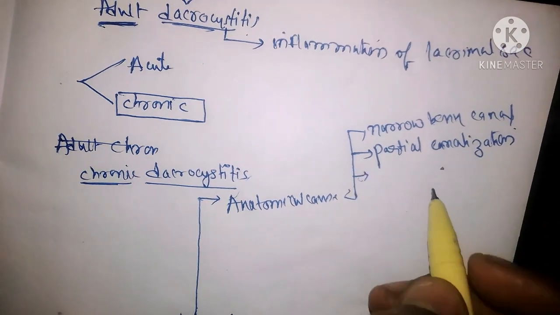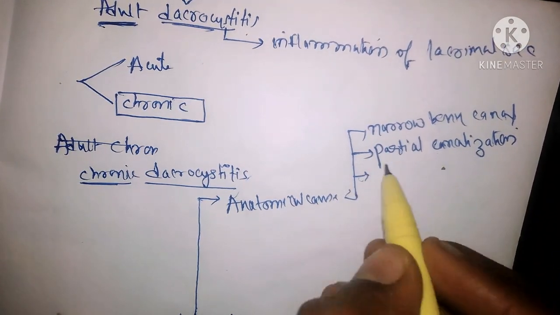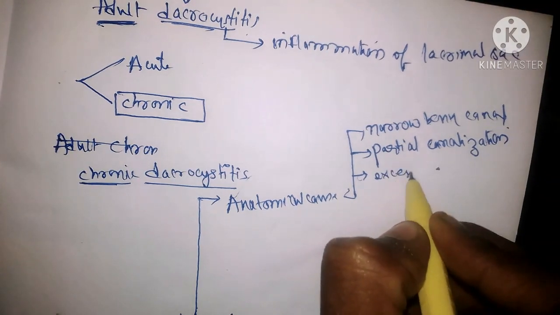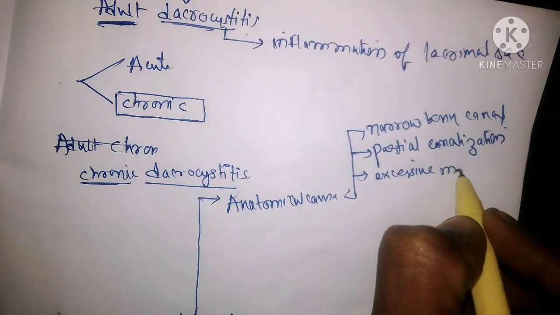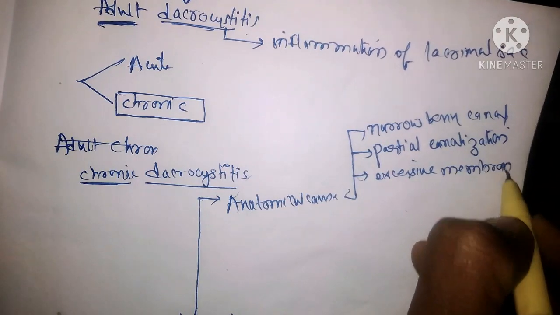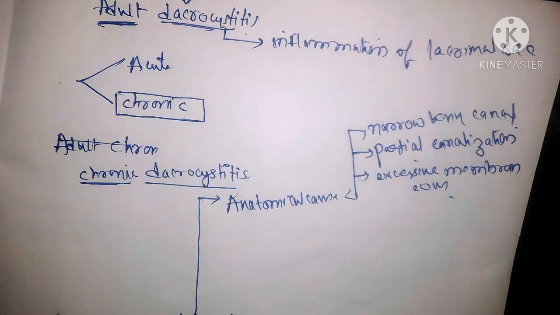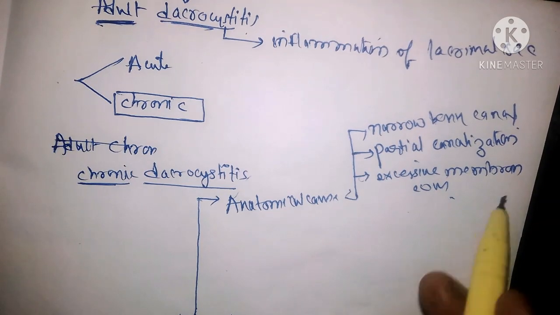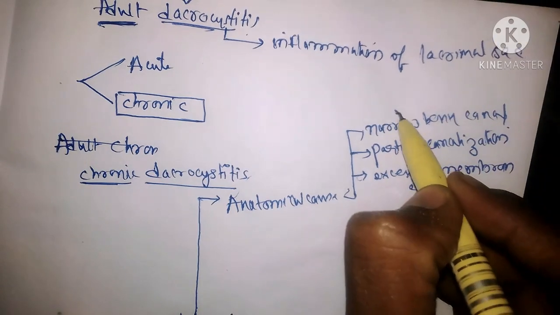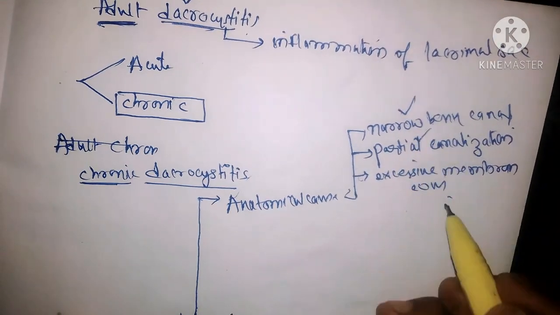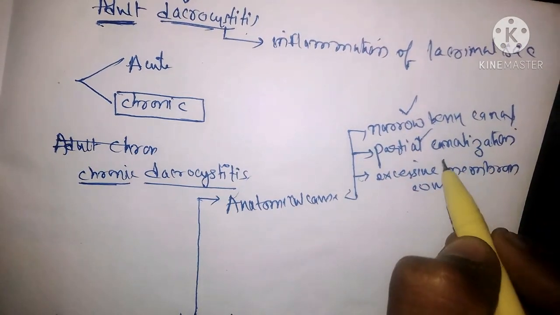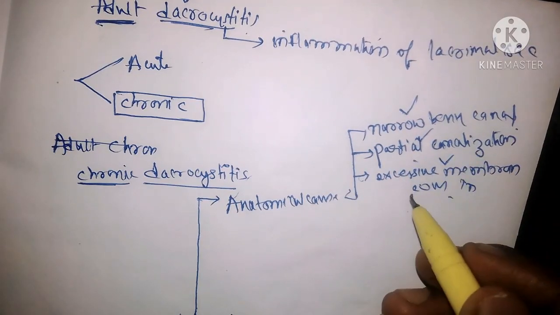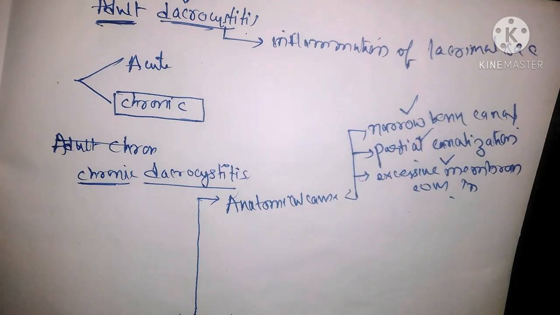Third one is when there are excessive membranous folds in the nasolacrimal duct. These are the anatomical causes: narrow bony canal, partial canalization of the nasolacrimal duct, excessive membranous folds in the nasolacrimal duct. All these anatomical causes will result in obstruction.